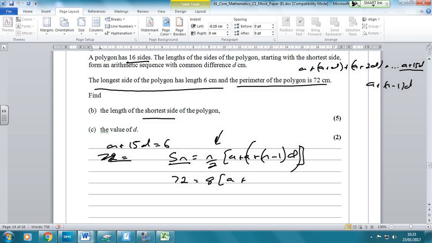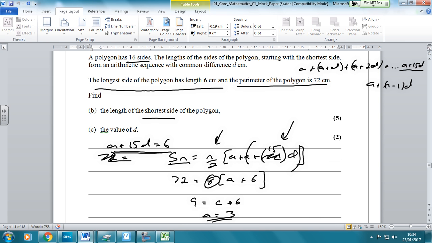So that's a plus 15d equals 6. So we're just going to get rid of that and replace it with a 6. Okay, so then if we divide by 8, that's going to be 9 equals a plus 6. So a simply equals 3.